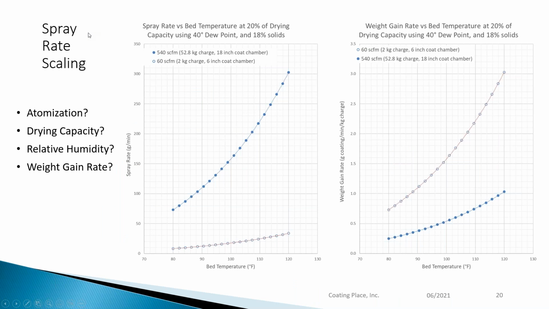Spray rate scaling: I look at 4 factors for scaling spray rate, depending on what's critical. If droplet size is important, atomization concerns might be at play. And depending on nozzles and how well they scale, it's possible to get the size on one scale compared to another.